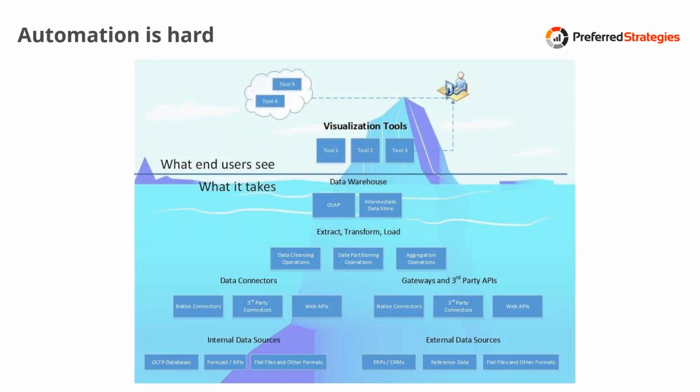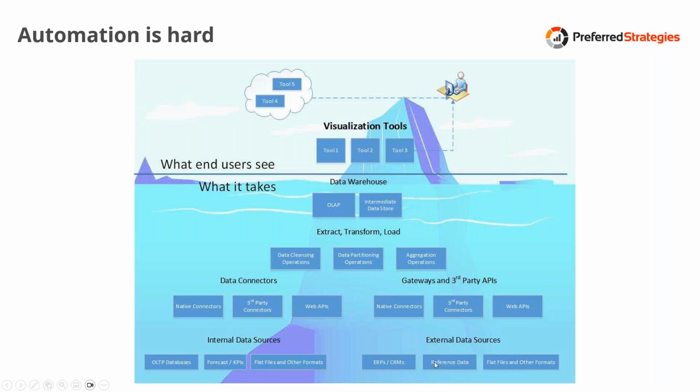So thinking about that automation, why is it so hard? Well, I just showed you a blue cube as if it was one single thing, but you've got so much happening here. You've got your internal data sources that you need to connect to, whether it's a database and you've got forecasts, flat files, even Excel data sources, and you've got external data sources.